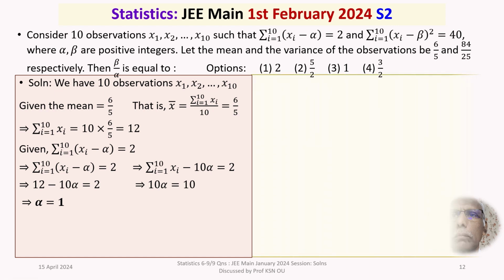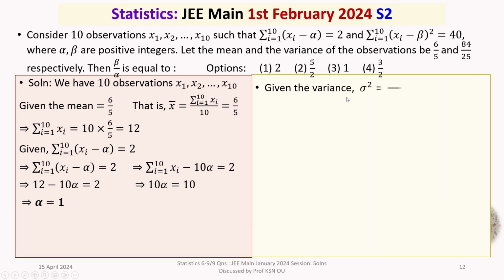So we proceed. Given the variance of these 10 observations is sigma square, and the formula is sigma i equal to 1 to 10 of xi square by 10 minus x bar square is equal to 84 by 25. So x bar is 6 by 5, substitute, 36 by 25, send to the other side, 84 by 25 plus 36 by 25, that is 120 by 25, and cross multiply 10 times of that.